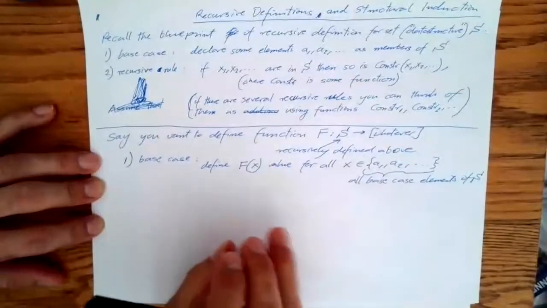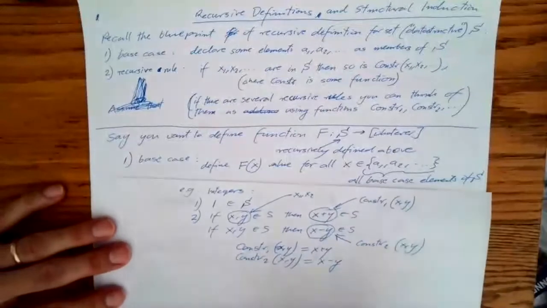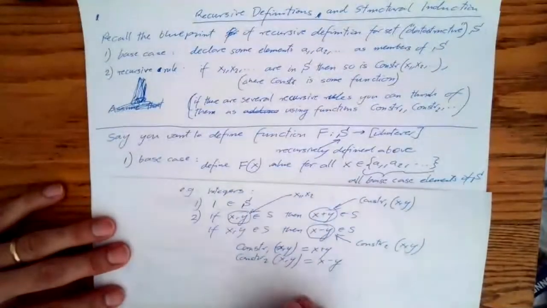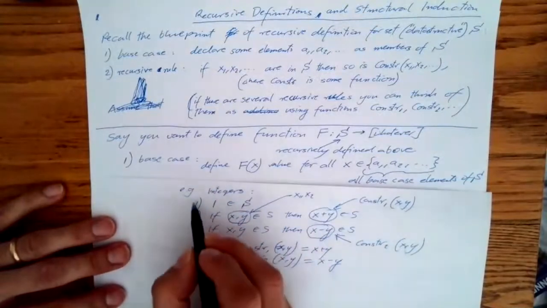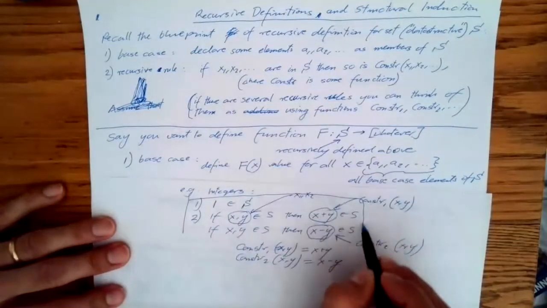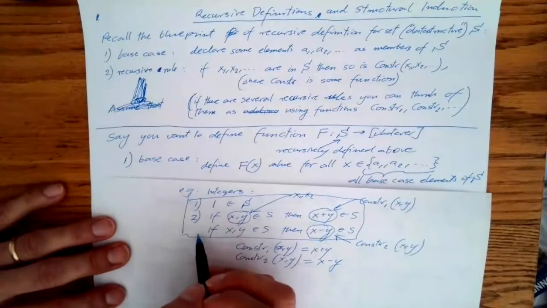Okay, so for example, let's say that I want to define some function of integers. I defined integers recursively using this recursive definition. The only base case is 1.